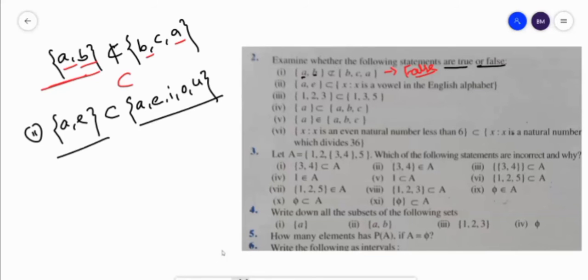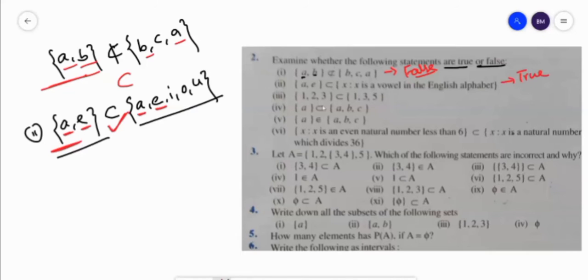Now check that the elements A and E in this set are also in this set. There are some more elements, but A and E are there. We have to check whether all the elements of this set are there or not. So clearly this is a subset, that implies this is correct. So number 2 is a true statement.